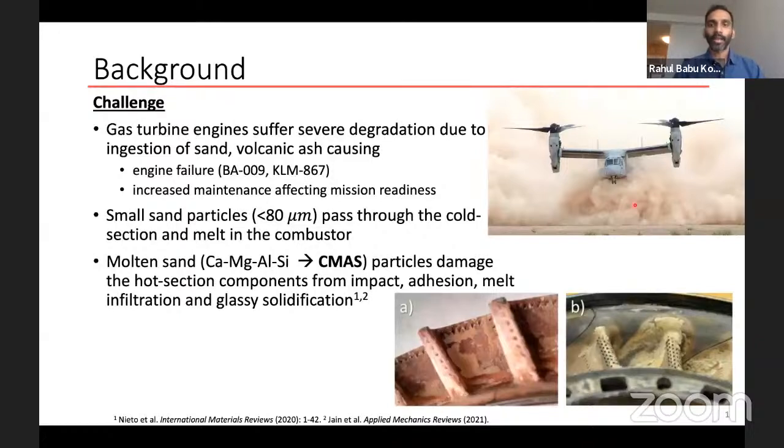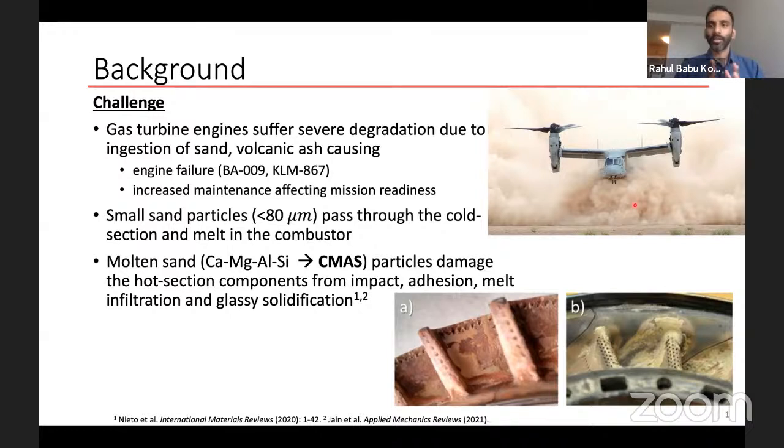What actually happens is that the larger sand particles get filtered out. There are particle separators at the inlet of the gas turbine, and they separate out larger particles. Anything greater than 80 microns doesn't get in. But the small particles go through the inlet, through the compressor, into the combustor, and they melt in the combustor, and come out at very high velocities into the hot section of the turbine.